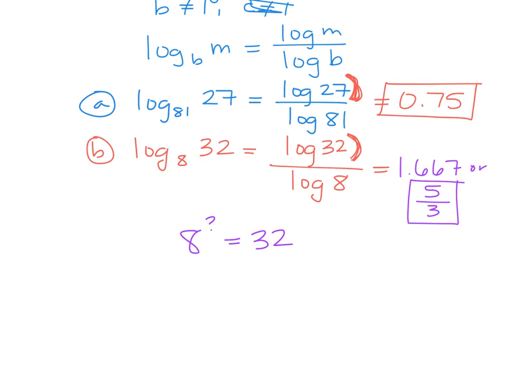It's 5/3, right? If you took the cube root of 8, you'd get 2, and then 2 to the 5th power. So cube root and 5th power, when you multiply those together, you get 5/3. So there is potential to do them by hand, but why when you could just plug them into your calculator, right? Okay.